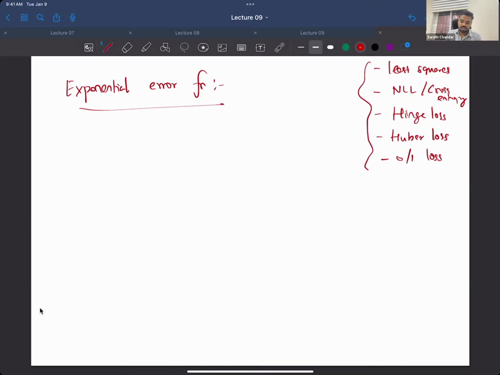Now I'm going to introduce a new error function called the exponential error function, which is given by: the error is summation n equals 1 to capital N of exponential of minus Tn times Fm of Xn. Is that clear? It's minus Tn times Fm of Xn, and I'm taking an exponential here.